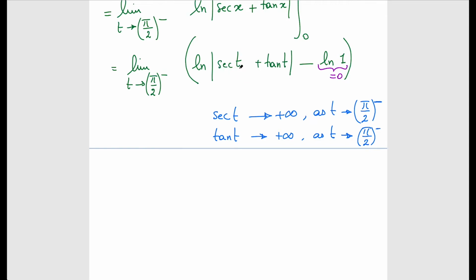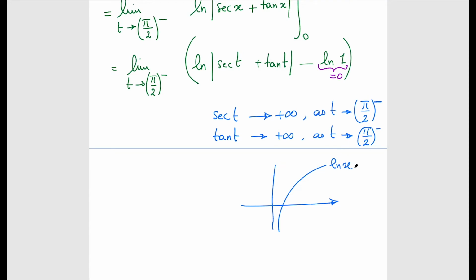We get that this entity as t approaches pi over 2 from the left blows up and this blows up. As such, the sum is going to go to plus infinity, right? So this sum also blows up, and ln of something big, how do we graph ln? This is the graph of ln. If x goes to plus infinity, the function is blowing up, right?